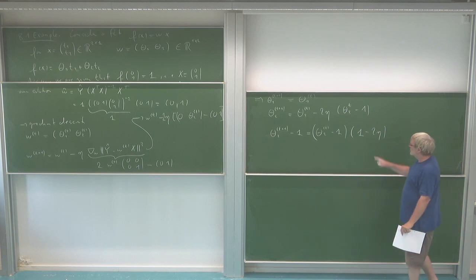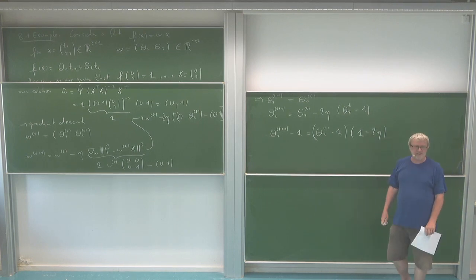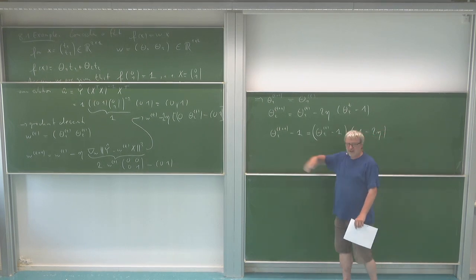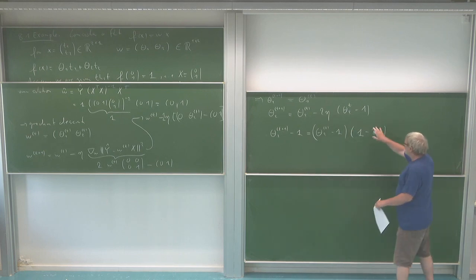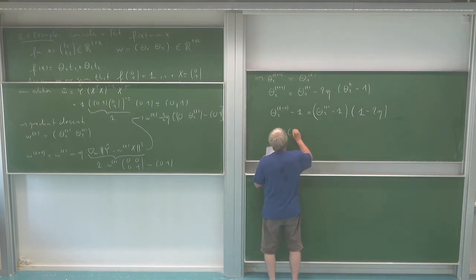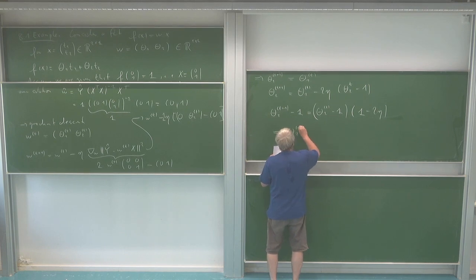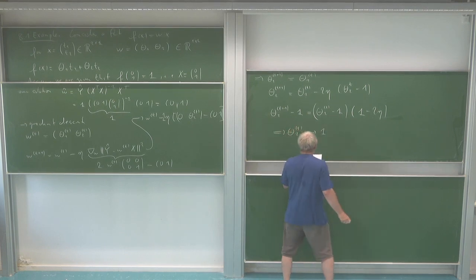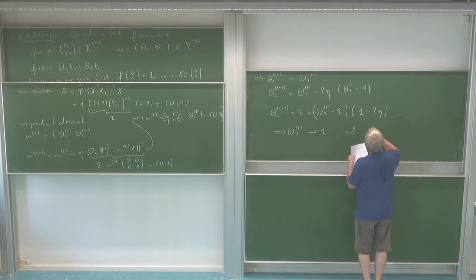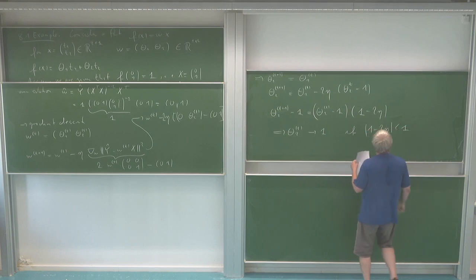Okay, and so you see if this 1 minus 2 eta is less than 1, I have an exponential convergence to 1. Then this difference is getting smaller and smaller with the powers of this. So this means theta 2 of t converges to 1, but of course I should have 1 minus 2 eta less than 1.